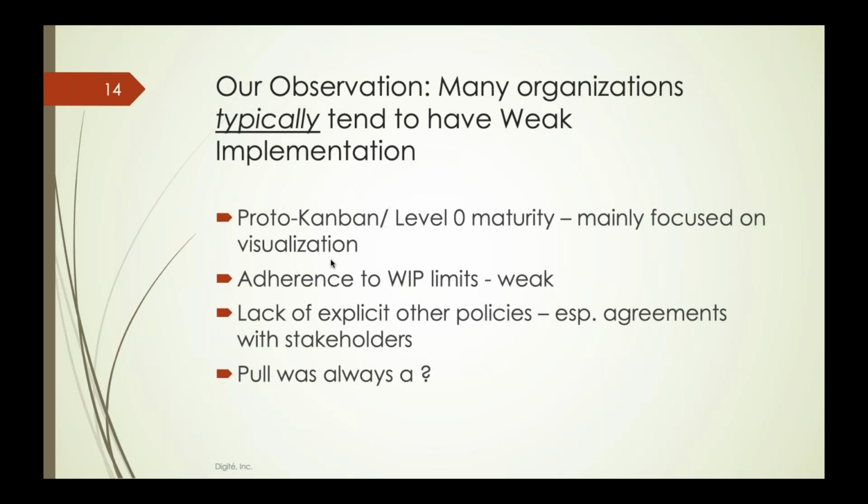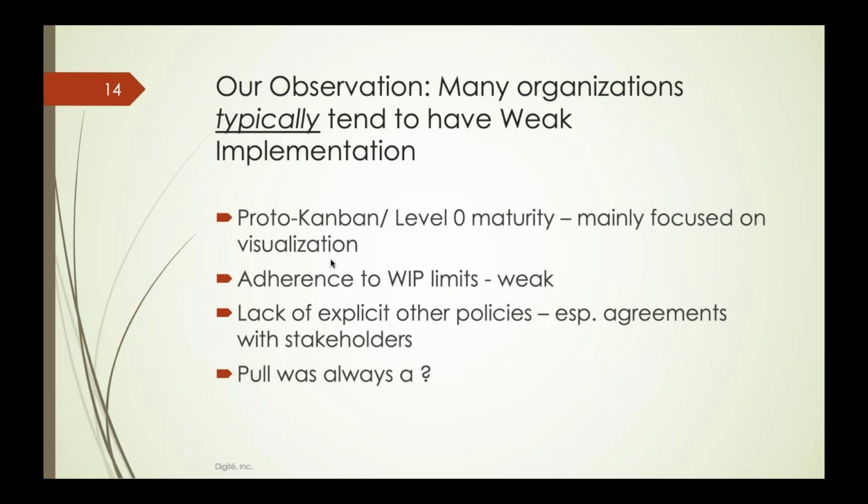And so you will have a Kanban board which is more elaborate than the simple to do, doing, done board. But in terms of the rest of the Kanban principles, implementation of WIP limits, implementation of policies, especially those policies that affect their interaction with their stakeholders, people who are around them, those tend to be a little bit weak.